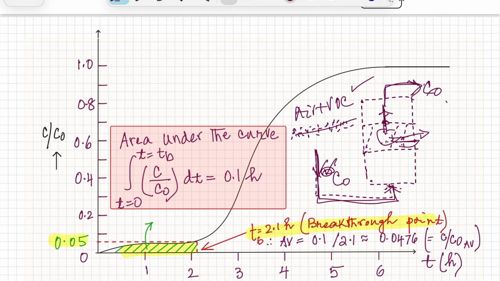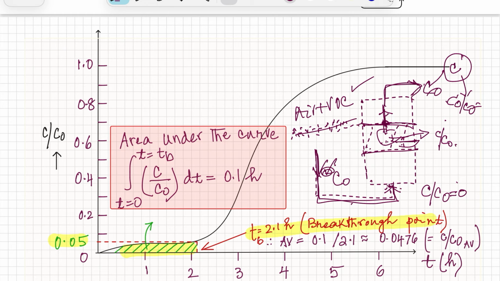If we take C as the concentration going out, initially C by C0 is equal to 0, but at a certain point the VOC just shows up, so C by C0 has a certain value. At the end, of course, C by C0 becomes equal to C0 by C0, meaning nothing gets adsorbed.